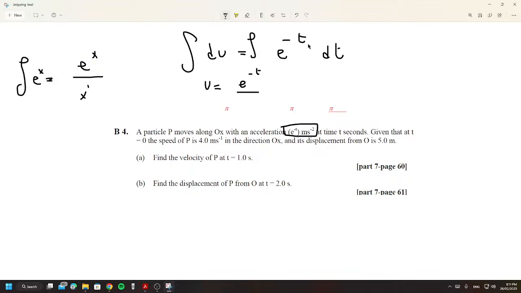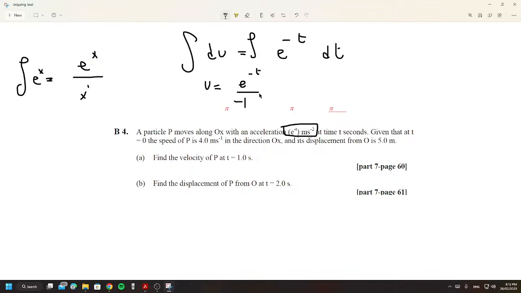Yeah, negative 1. Actually, I genuinely forgot how to integrate and derive. So yeah, this is over negative 1.